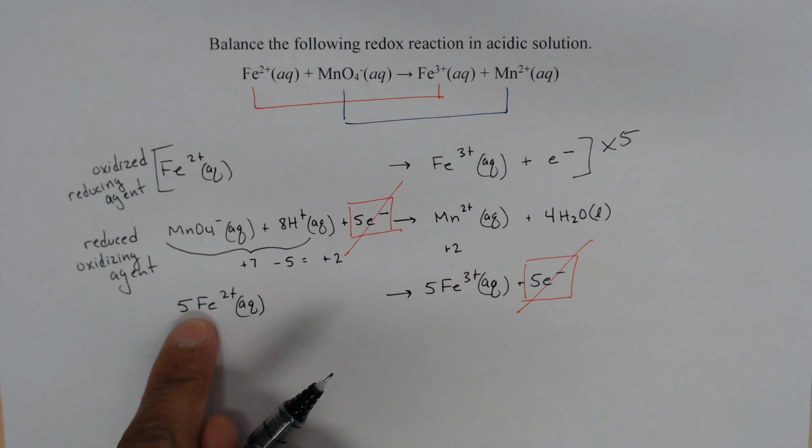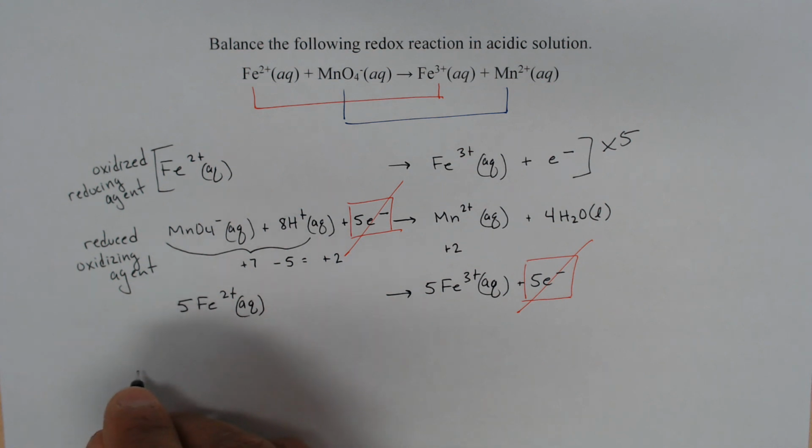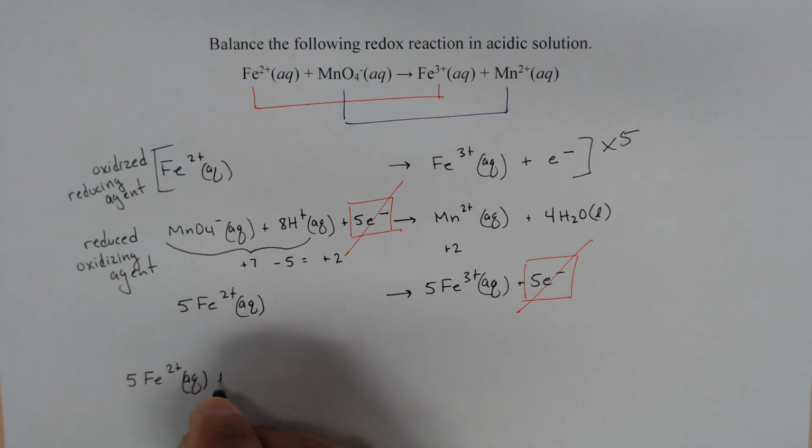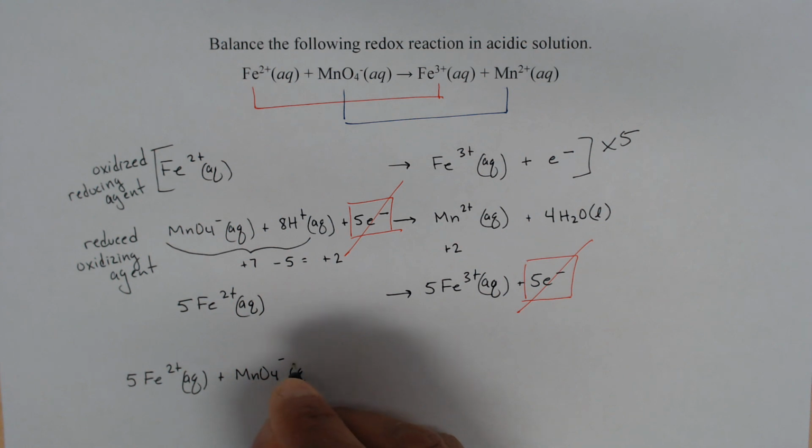I'll start with this first reaction. 5 Fe2 plus, plus the permanganate, plus 8 moles of H plus.